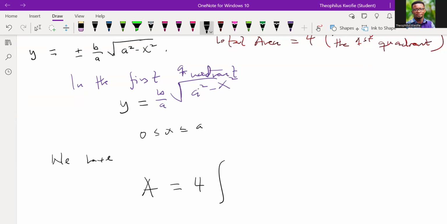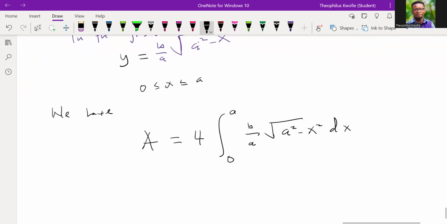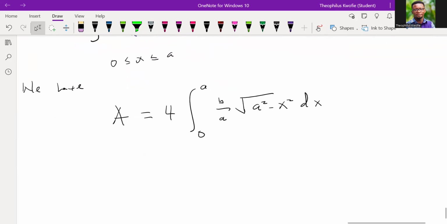And remember, we said that x is within the region of 0 to a. Then the integral of b over a root of a squared minus x squared dx. Good. So I can just decide to go straight to the point. All right, let's get going.